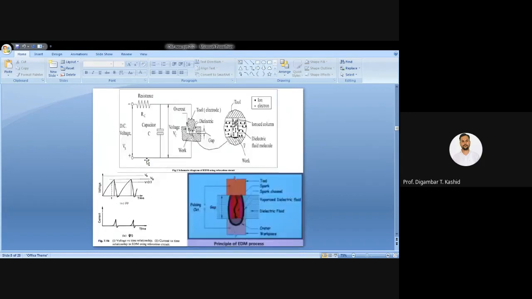Now let's go for the next one. Yesterday I was discussing this, correct? We have seen this principle, and that the spark will occur when your applied voltage is greater than your breakdown voltage, and only then will your spark generate.